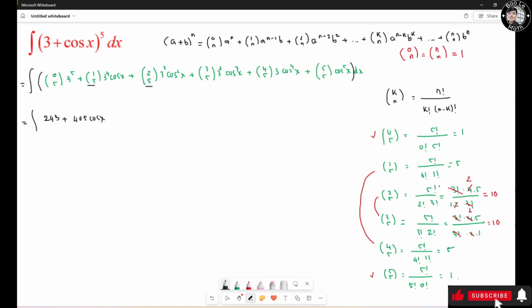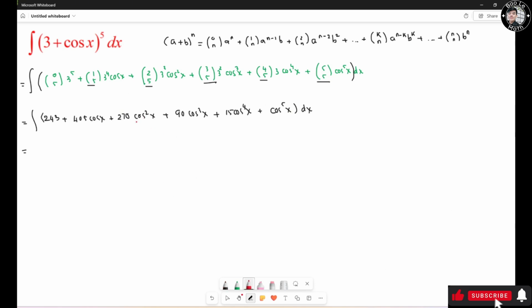This one equals 10. 3 cubed equals 27, and 27 times 10 is going to be 270 cosine squared of x, plus this one is going to be 10. 10 times 9 is going to be 90 cosine cubed of x, plus this one equals 5. 5 times 3 equals 15 cosine to the 4 of x, plus the last one equal to 1, so it's going to be cosine to the 5th x altogether, dx.